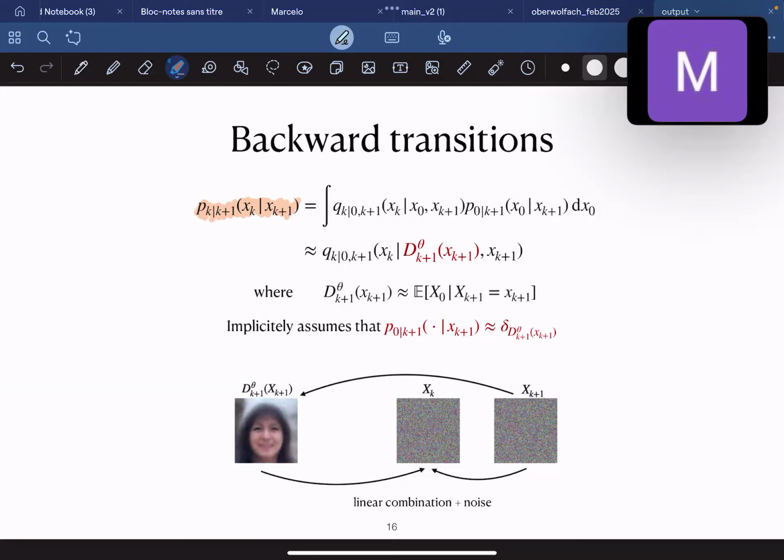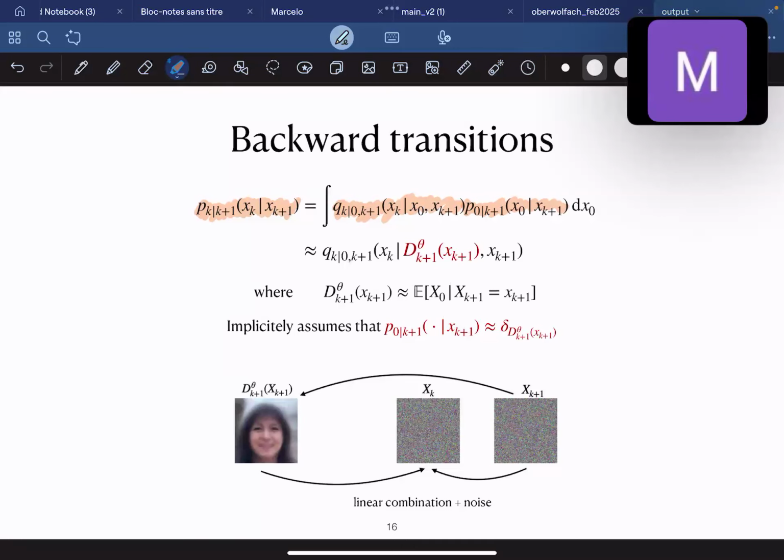And if you write the joint of x0 and xk given xk plus 1, you can write it as a product, by Bayes' rule, of the bridge, meaning the distribution of xk given x0 and xk plus 1, times the conditional of x0 given xk plus 1.